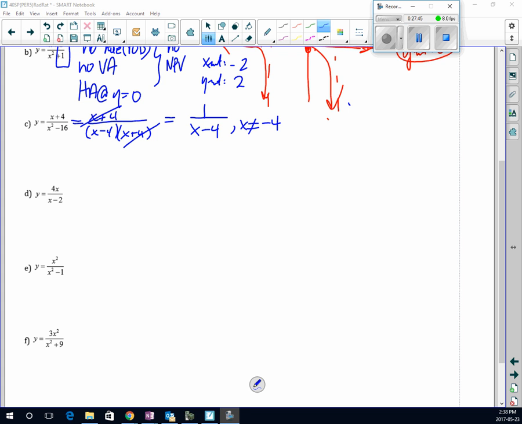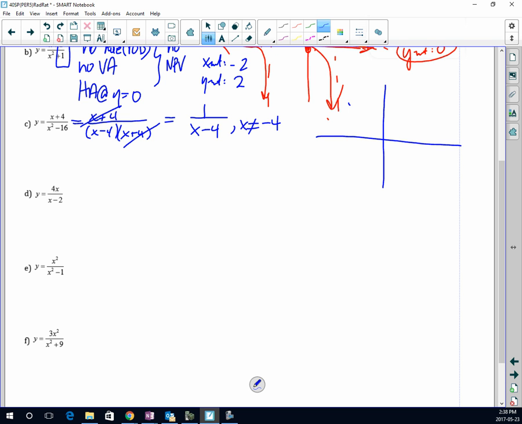Let's just do a quick graph. Does everybody see if this was my x and y axis, how would I graph 1 over x minus 4? Where would my vertical asymptote be? Yeah, my vertical asymptote would be at x equals 4. So right there? Yes? Where would my horizontal asymptote be?